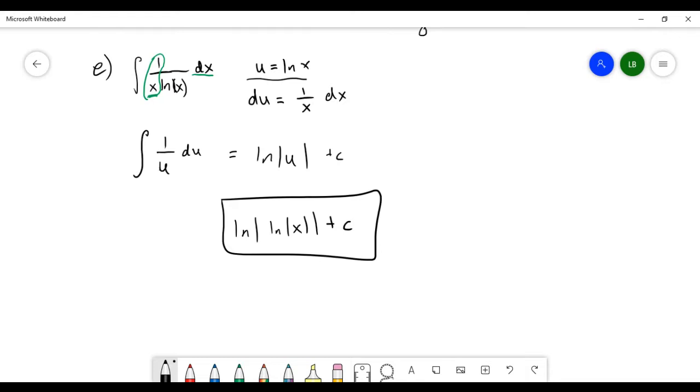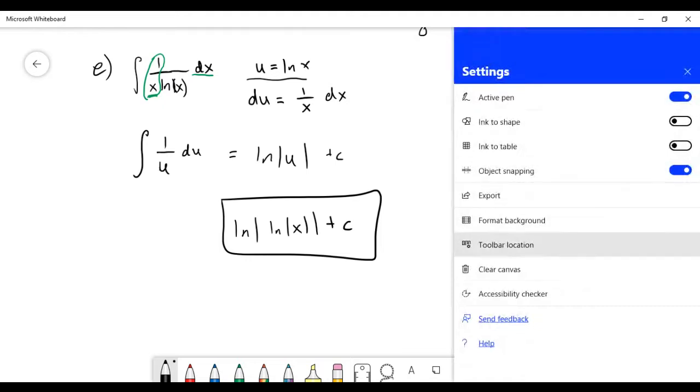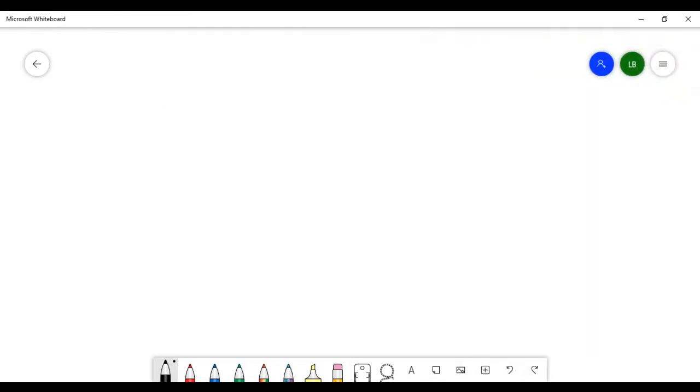I think that's enough with the natural log for now. Let's go ahead and talk about integrals that maybe aren't necessarily related to natural log. So we'll briefly talk about some trig integrals. Remember, the integral of sine u du is negative cosine of u plus c.